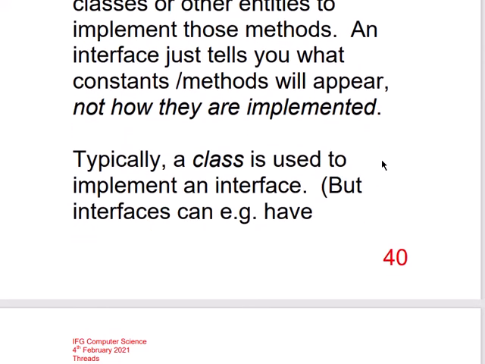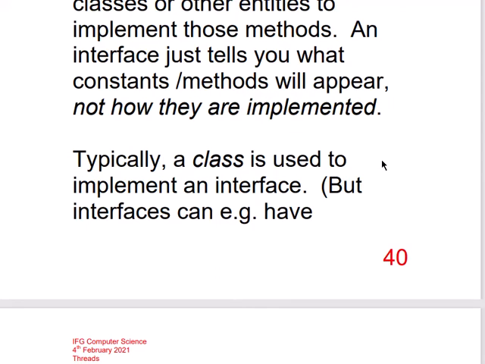So typically a class will be used to implement an interface. That class, in implementing an interface, can use any of the constants declared and any of the abstract methods declared.